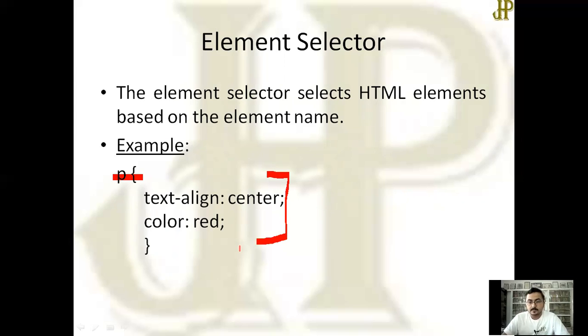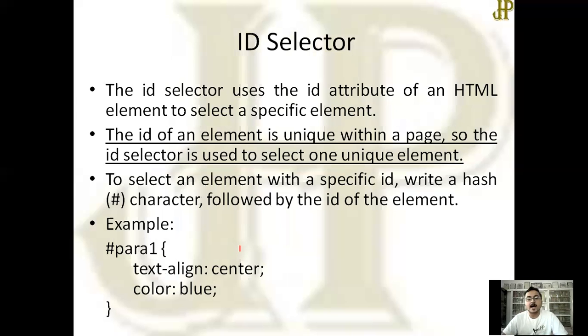So you can do this, but you have to put these things under the head section, and in that head section you have to use the style tag. I am going to discuss that just after this. Don't worry about that.